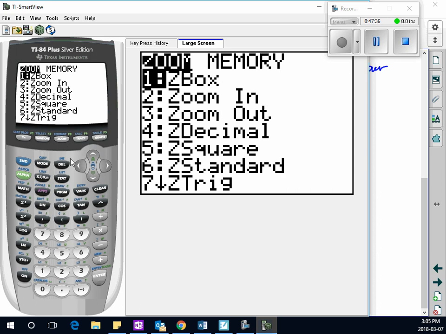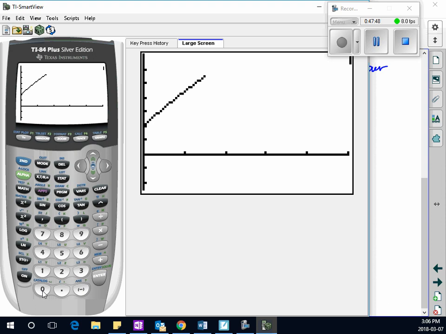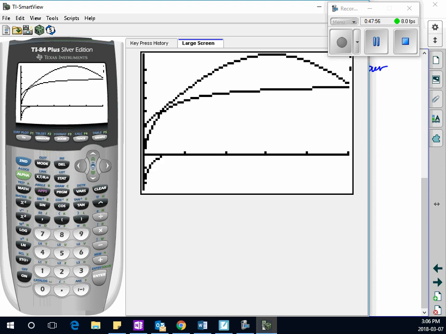Okay, so let's zoom. I have no idea what to zoom this in, so let's go zoom fit just to see what's going on here. It doesn't even like that. Oh, there we go. Oh, I have my y1 and y2 turned on.